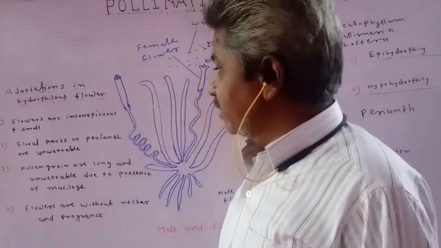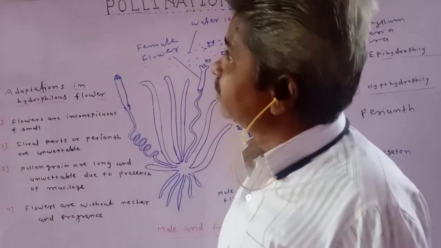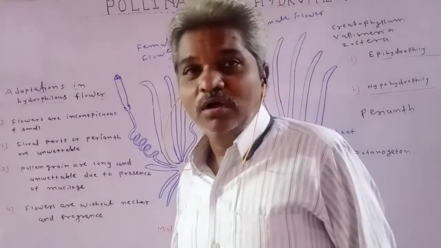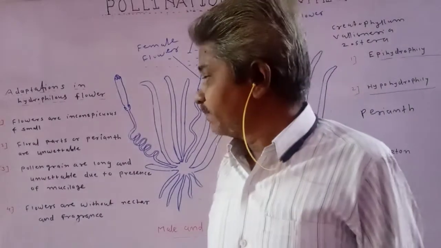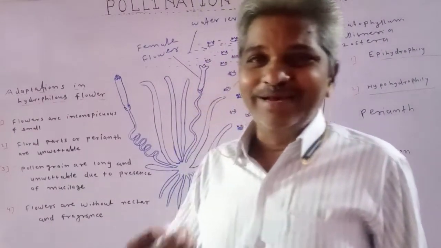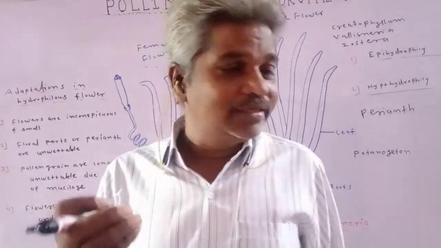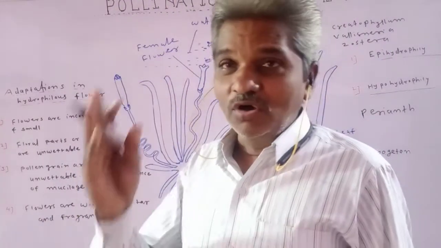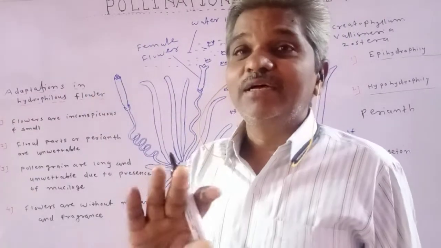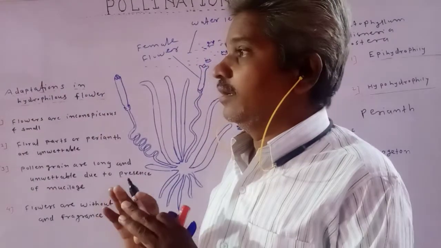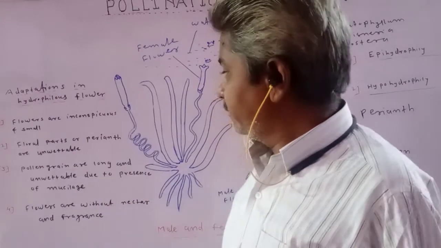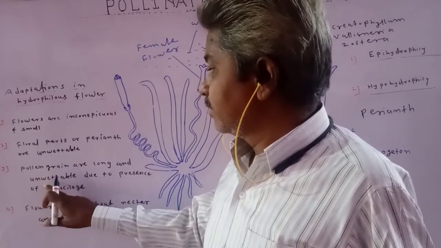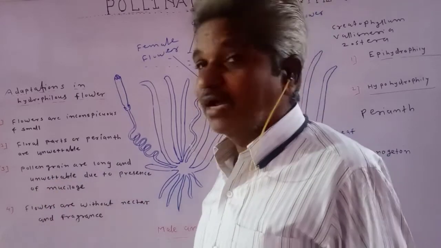The hydrophilous flower also shows another adaptation: the pollen grains are long and unwettable due to the presence of mucilage. The pollen grains are ribbon-like. Even though pollen grains lie in water, they remain waterproof, so such pollen grains are unwettable.